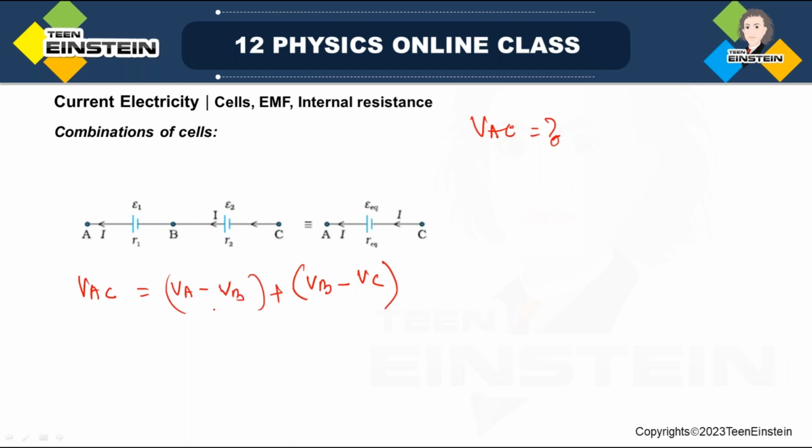But what is VA minus VB? That means the potential difference across the cell E1, the terminals of the cell, and this VB minus VC is the potential difference between B and C points.